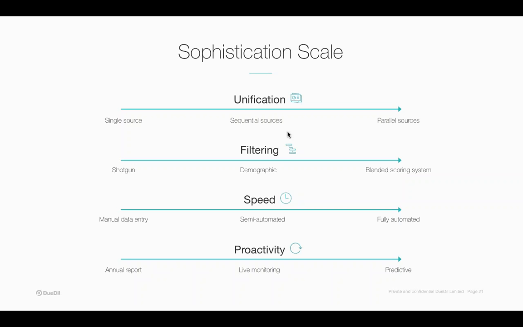So this sophistication scale is a great way for understanding where an individual business or competitor or a team within a business or an entire sector is on the scale towards more sophisticated data-driven decisions.